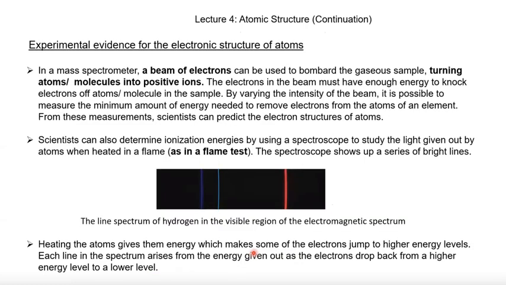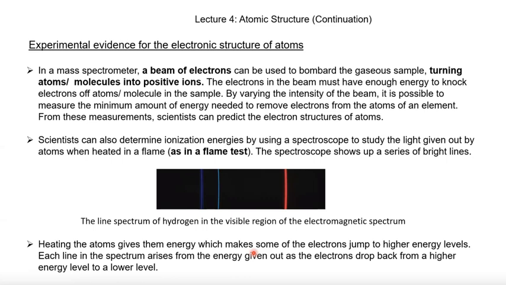Then we are talking about experimental evidence for the electronic structure of atoms. I talk about the mass spectrometer, in which a beam of electrons is bombarded on gaseous atoms, turning atoms and molecules into positive ions.